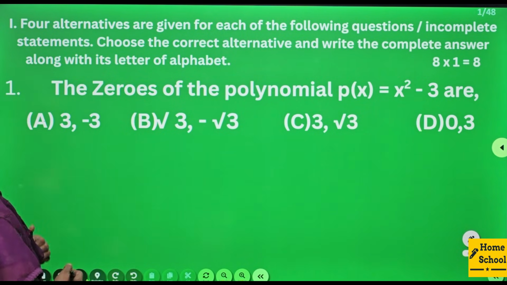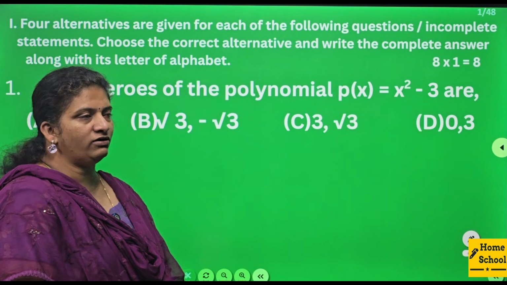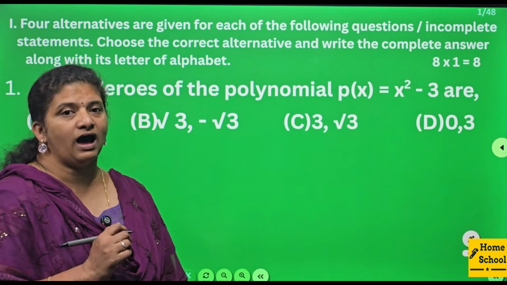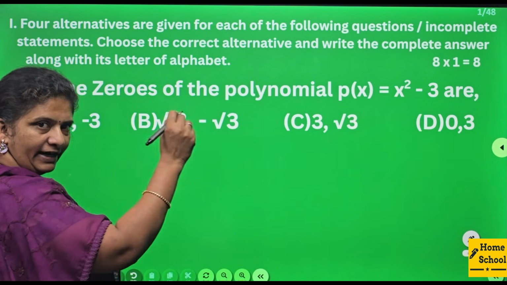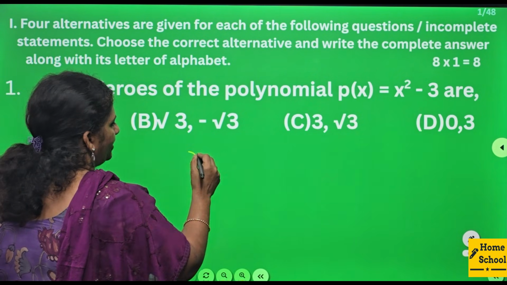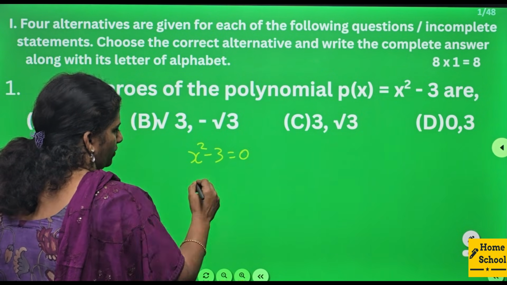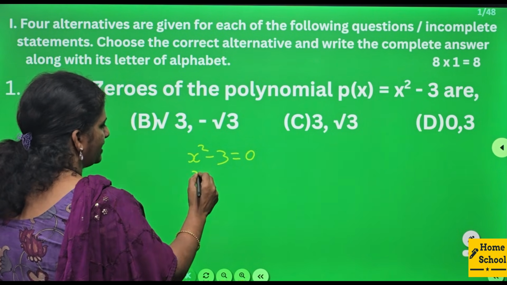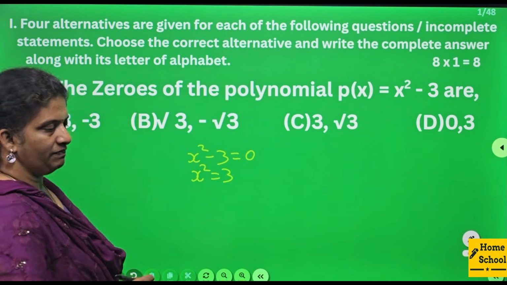First one, the zeros of the polynomial p of x is equal to x square minus 3 are. We need the zeros of the polynomial. In order to get the zeros, we'll take the polynomial x square minus 3 and equate to 0. Minus 3 transpose other side, that is 0 plus 3 will become 3.